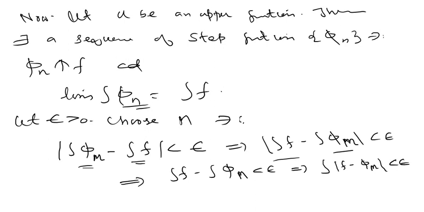Now what is this phi m? Phi m is a step function, so it has property P, and the integral of the modulus of f minus phi m is less than epsilon. So by property 2, the second condition you have, f also has property P.